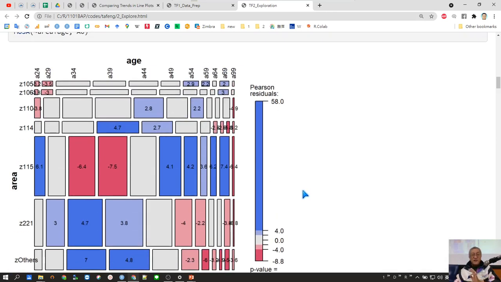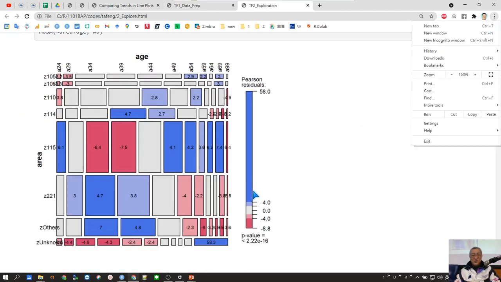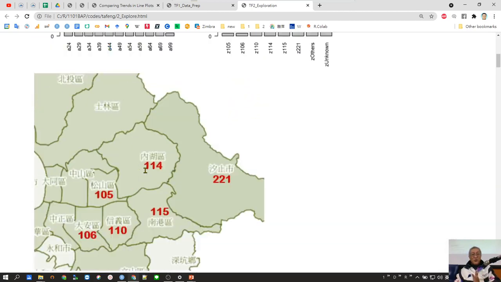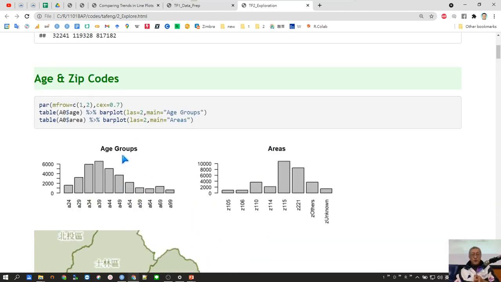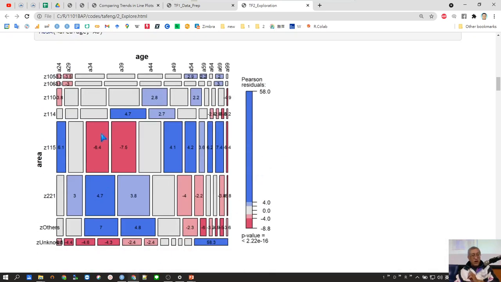This is something that needs to be explained, right? This chart I have not told you yet, right? But what does it mean? Okay. Now, we say that this is the distribution of age group, the distribution of area, right? And this chart is actually the joint distribution of area and age. Okay?